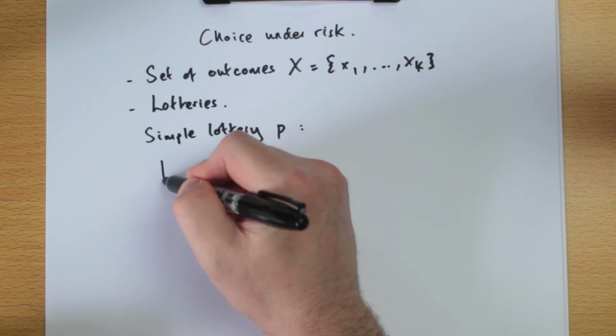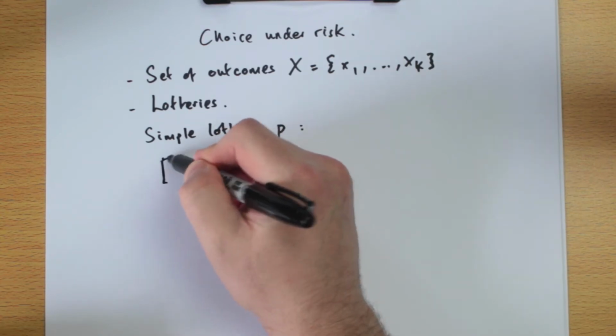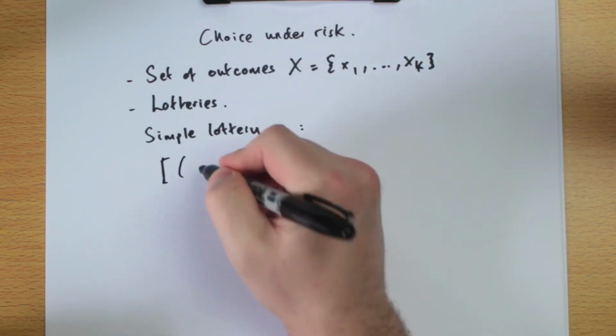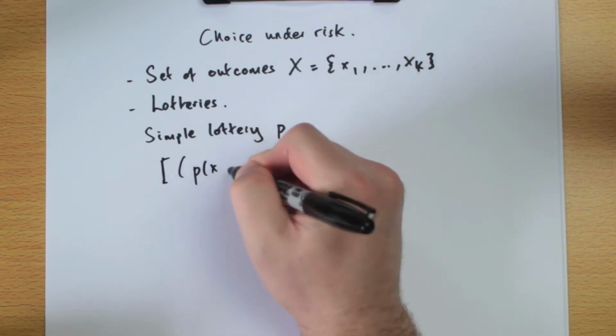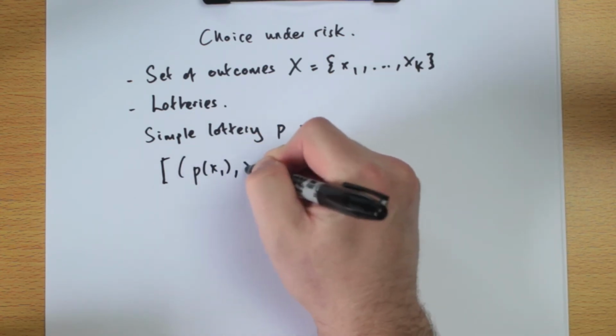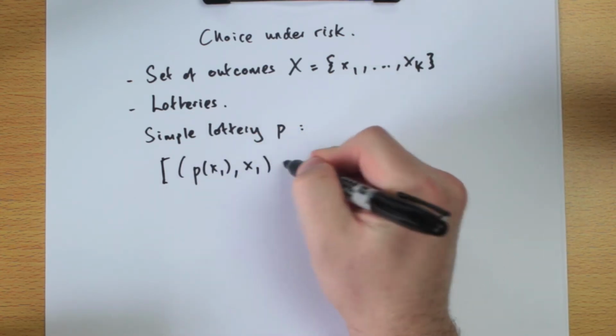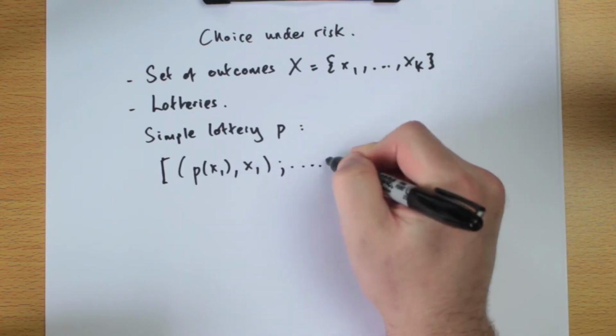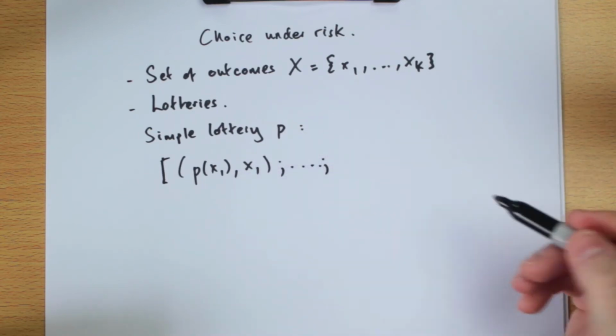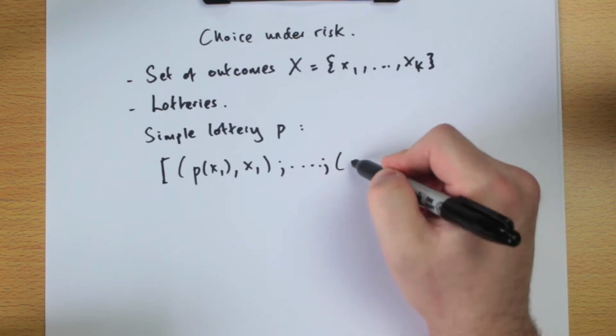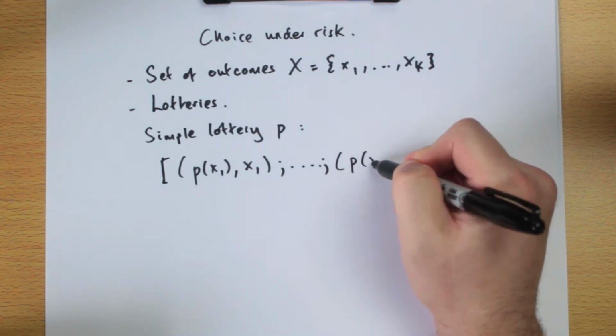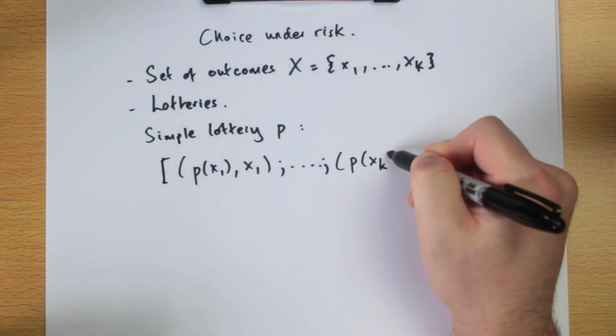One way of writing it would be that there's some number p(x1) assigned to outcome x1, the same for outcome x2 and outcome x3, and so on, all the way up to outcome xk.